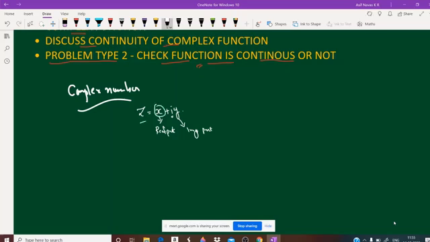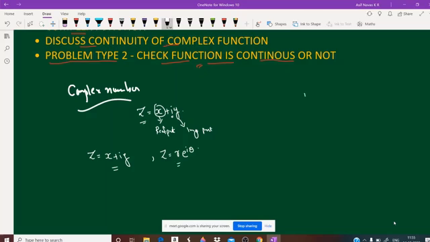So this number is called a complex number. Now we can represent a complex number in two ways. One is the Cartesian way, x plus iy, and the second is in polar form, that is r e power i theta. So how to represent a complex number in polar form?